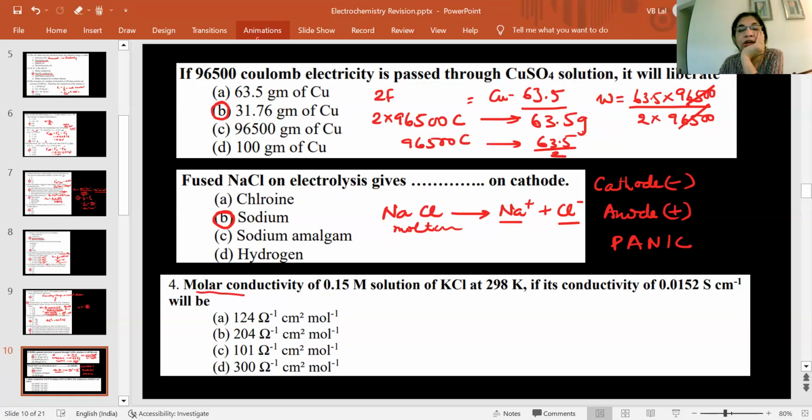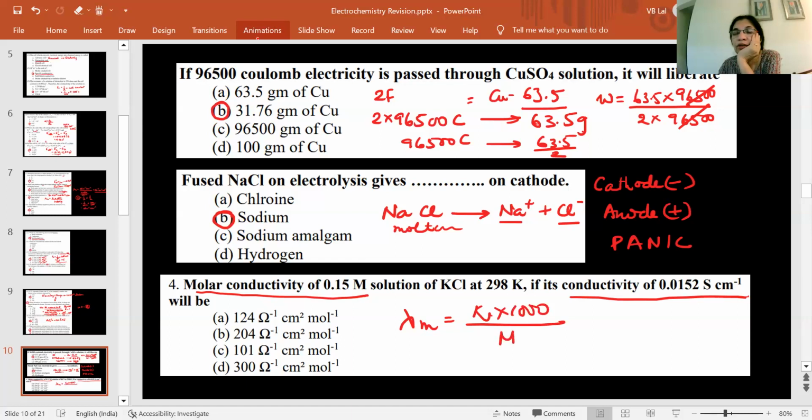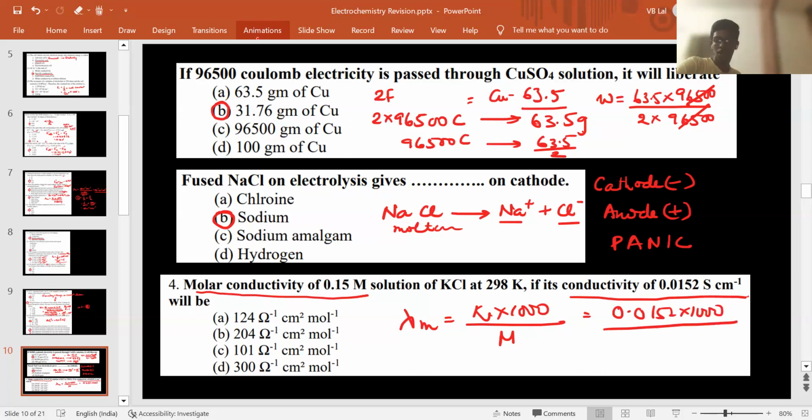You have to find the molar conductivity of 0.15 molar solution if its conductivity is this much. So this is easy. Lambda m is equal to kappa into 1000 divided by molarity. So what is kappa? 0.152 into 1000. 124. Is it option C, ma'am?